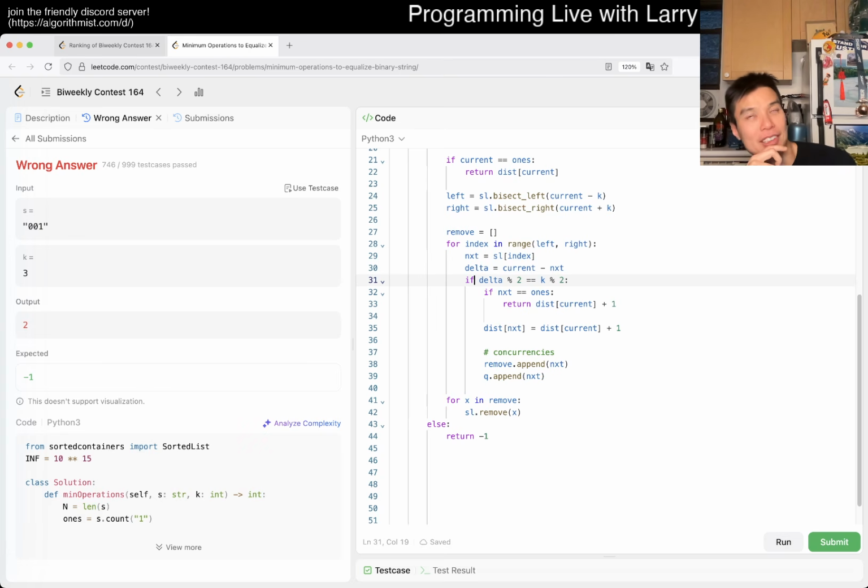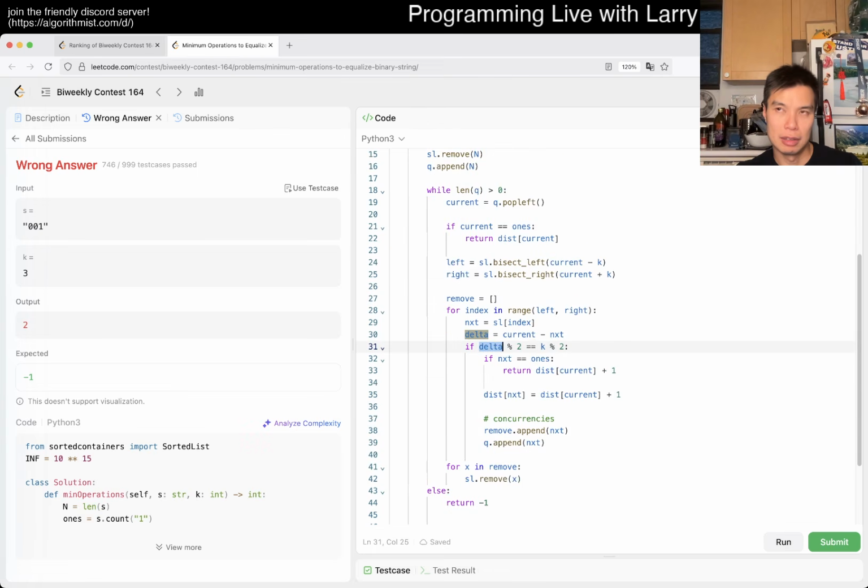Man, this relationship I'm not practiced at. So we really have to do something on the delta and k and n. Not just this, right?